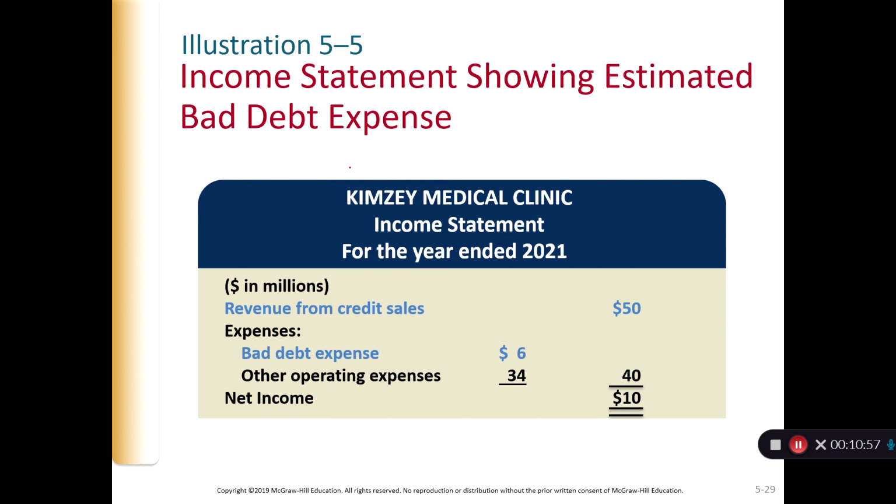Then what is this journal entry's impact on the income statement? We talked about the balance sheet. Remember, we recorded bad debt expense, and then we recorded the allowance for accounts receivable, 6 and 6 right here.